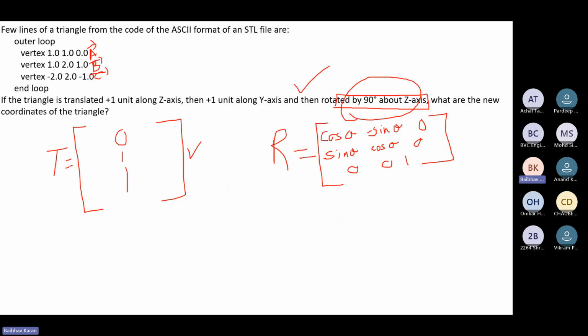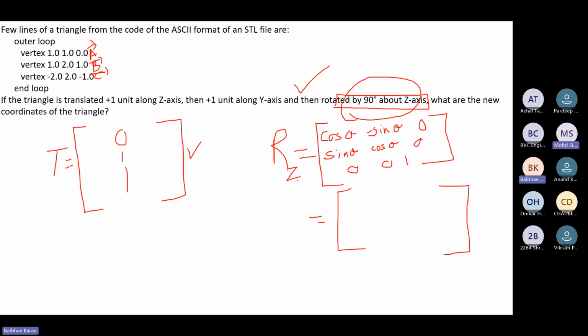This is the rotation matrix. Can anyone tell me? What is cos 90?